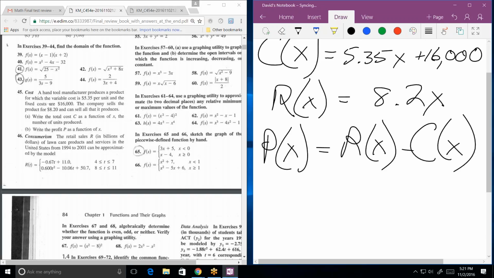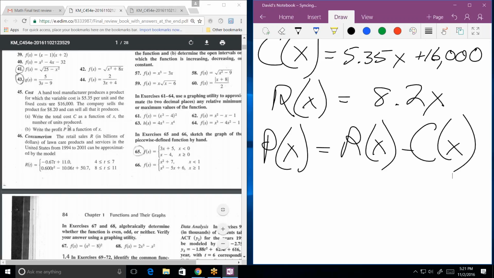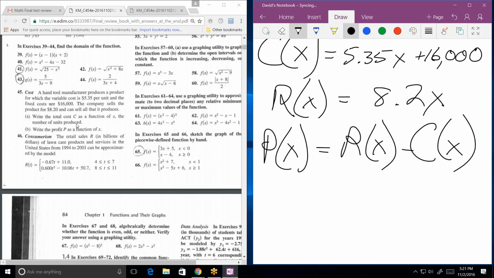I'm surprised they didn't have a part in between here that said, what's the revenue function? Because you can't really write a profit function until you write the revenue function. But do you know how to subtract one polynomial from another? What's the profit function end up being?